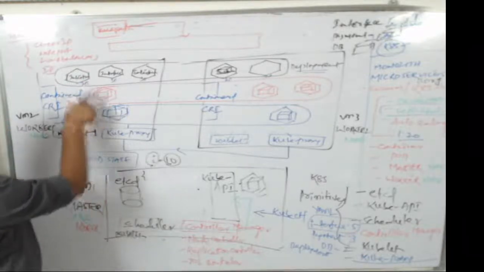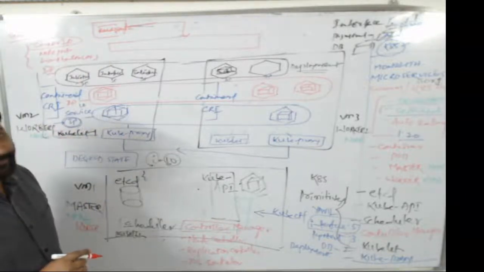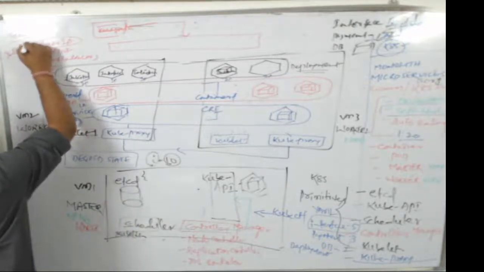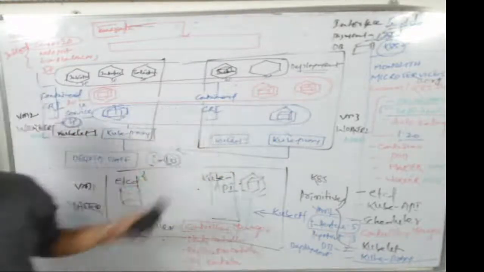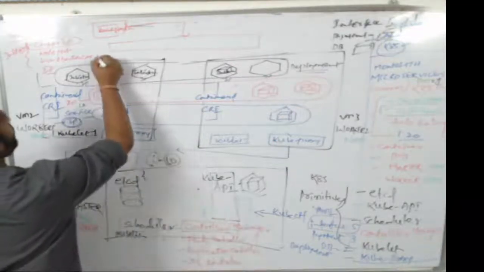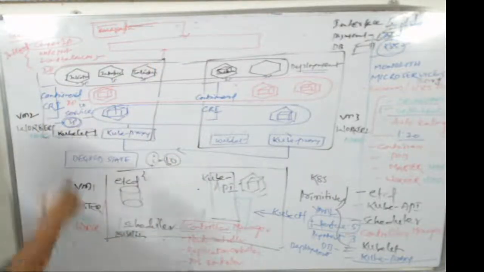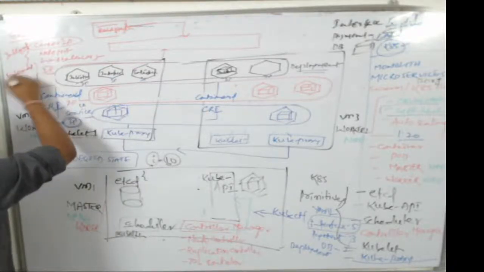Any service that needs internal access is usually a cluster IP based service. So cluster IP is for internal communication. It's still a service, but that IP is accessible only within the cluster. Now the load balancer is the external one.